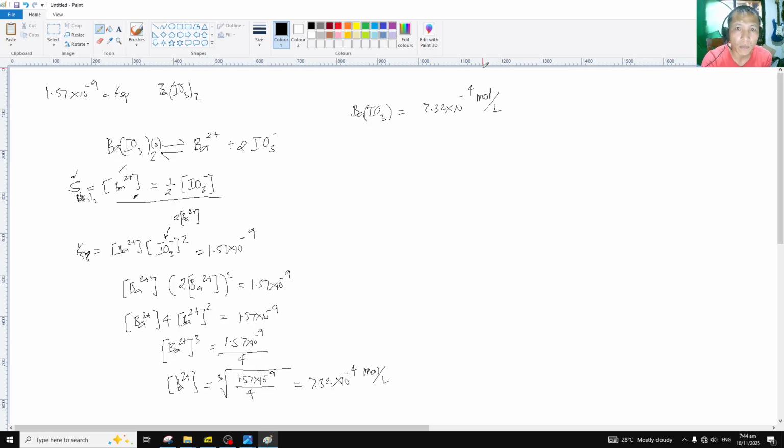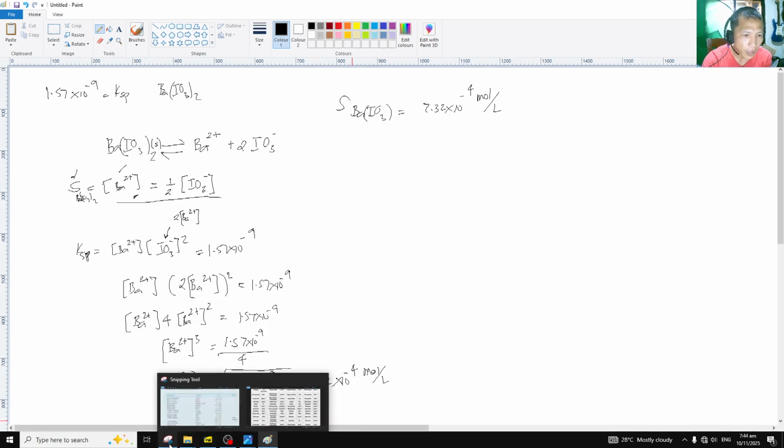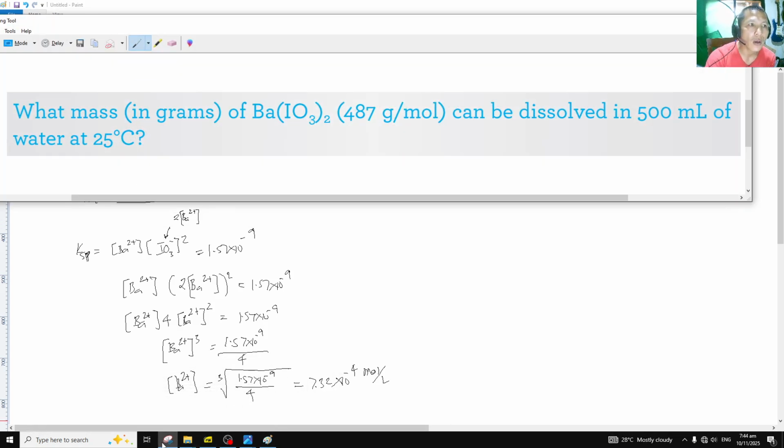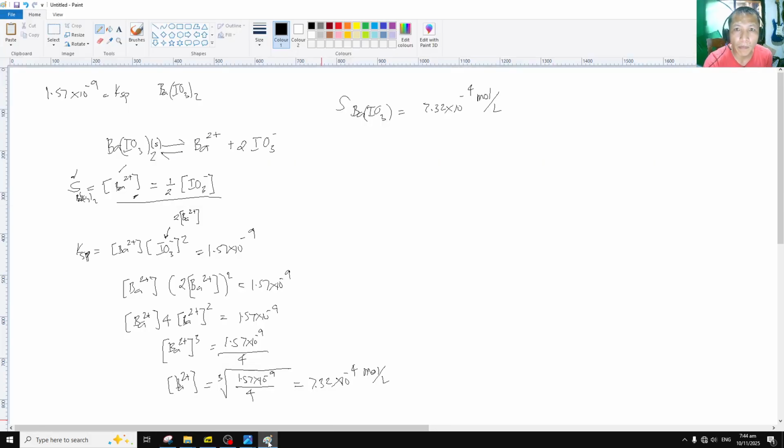So, balikan natin yung problem, yung matutunaw, yung solubility. Di ba? Ngayon, ano daw yung mass? Binigay yung molar mass niya. Kasi nga, magka-convert tayo from mole to mass. Tapos, binigay kung ilan yung solution. So, kung ilan yung solution, i-multiply muna natin dito.